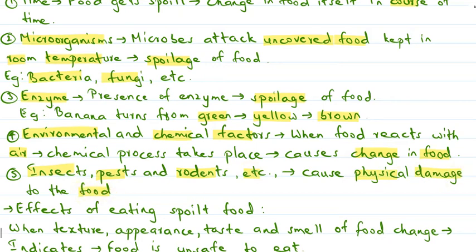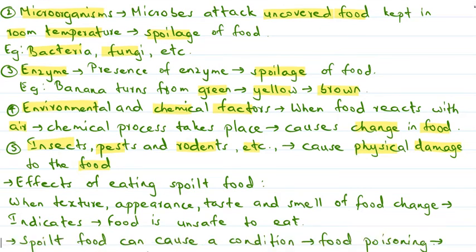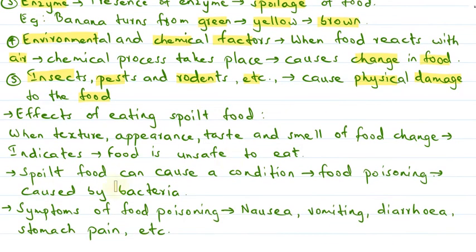Then we saw the effects of eating spoiled food. The health effects of eating spoiled or expired food can range from none to severe. When the texture, appearance, taste and smell of food change, that indicates that the food is unsafe or unfit for consumption.